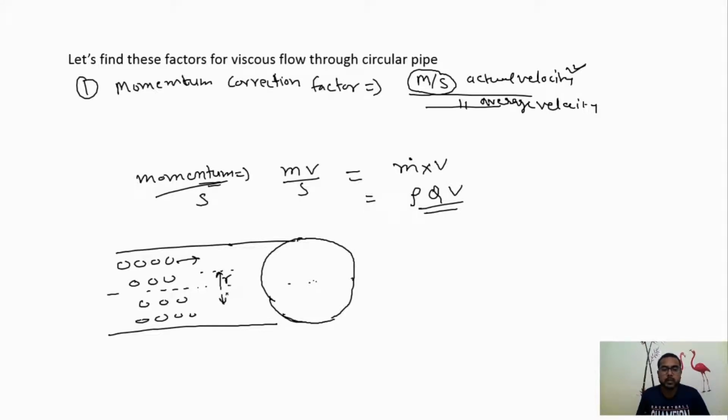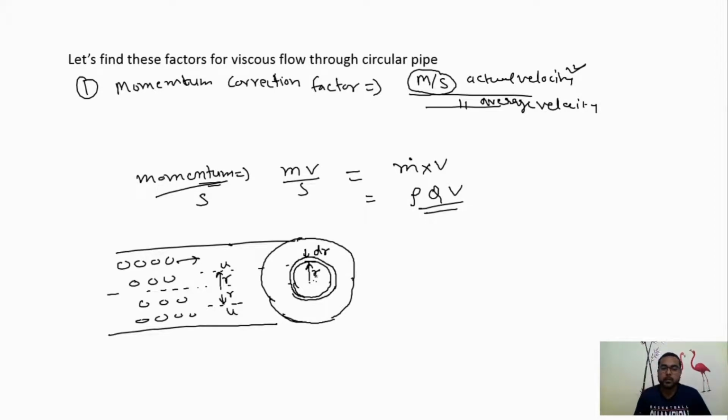At any distance r in both directions, the velocity is u. Take this elementary ring at a radial distance r, with a small thickness of delta r.